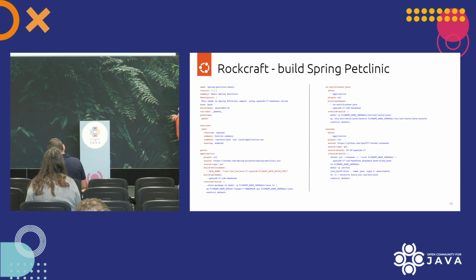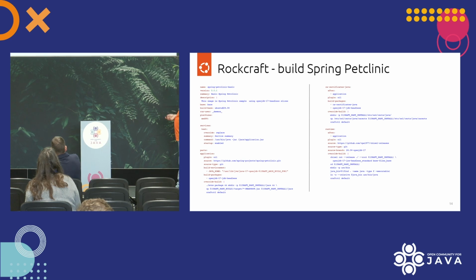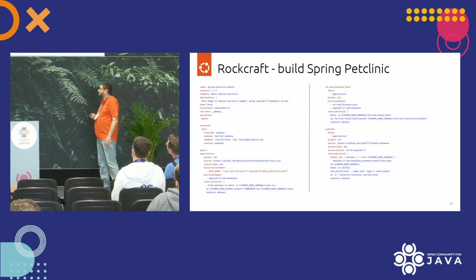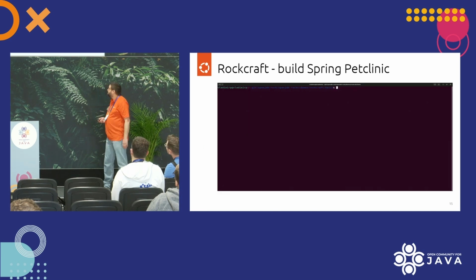Unfortunately, Java support for rockcraft is still in infancy, so there is a lot of scripting involved, and you can't call it truly declarative. In this case, it's just an example which tries to build Spring Pet Clinic, install the Java runtime, and has a workaround for CA certificates Java, which in Debian requires us to run a Java file, which Chiseled doesn't support yet, so that looks pretty ugly.